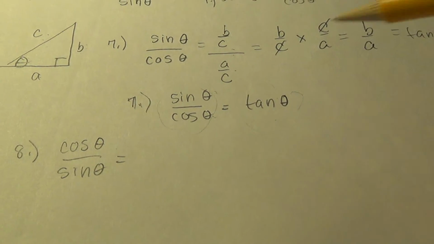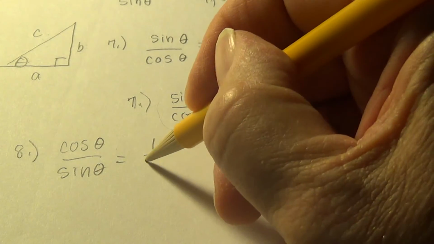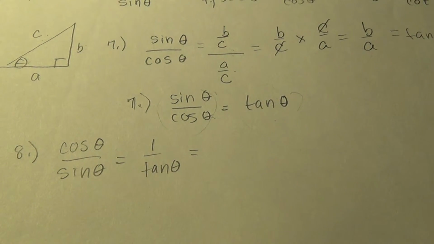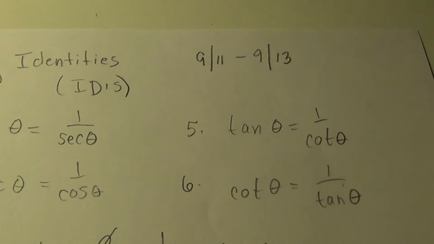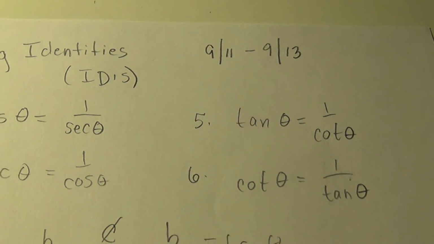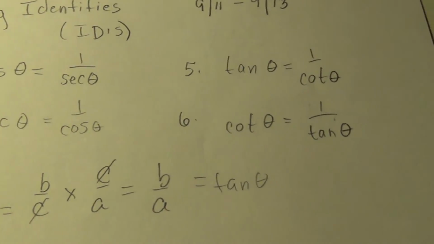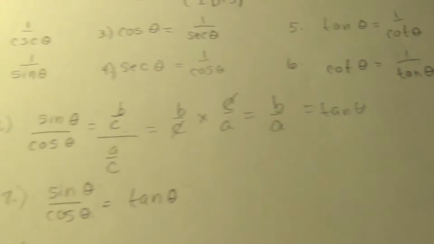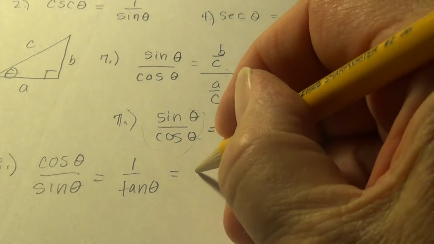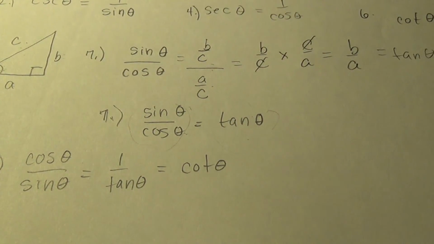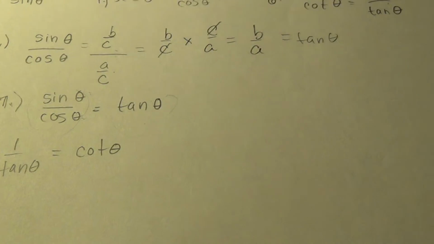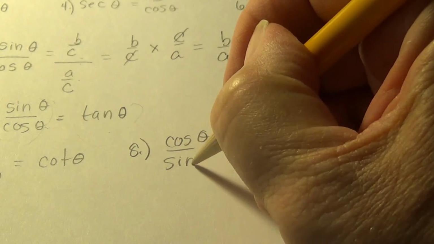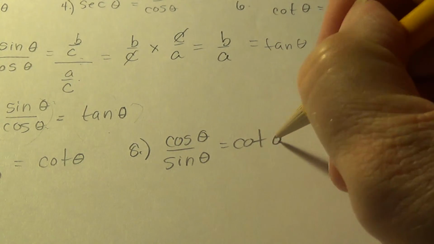And that equals 1 over tangent, but we already defined 1 over tangent up here. 1 over tangent is cotangent. So coming back here, I can replace that with cotangent. To put that together without the middle step, number 8, cosine over sine is cotangent.